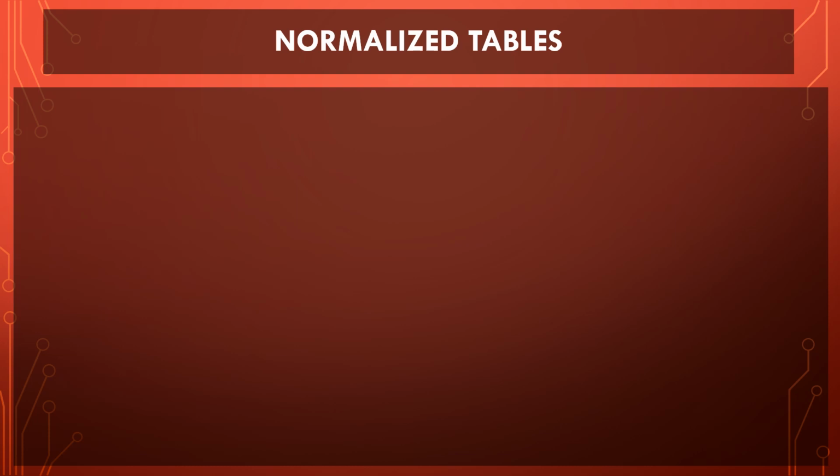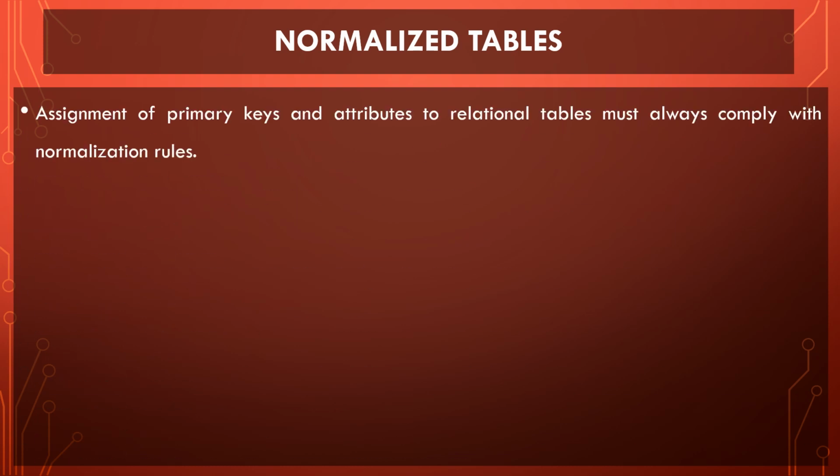Okay. Talking about the steps to create an enterprise-wide REA model for the database: when we combine more than one element or entity diagram into one, we will be facing a normality problem. So we need to ensure normalization, by assigning the primary key and attributes to relational tables, which must comply with normalization rules.